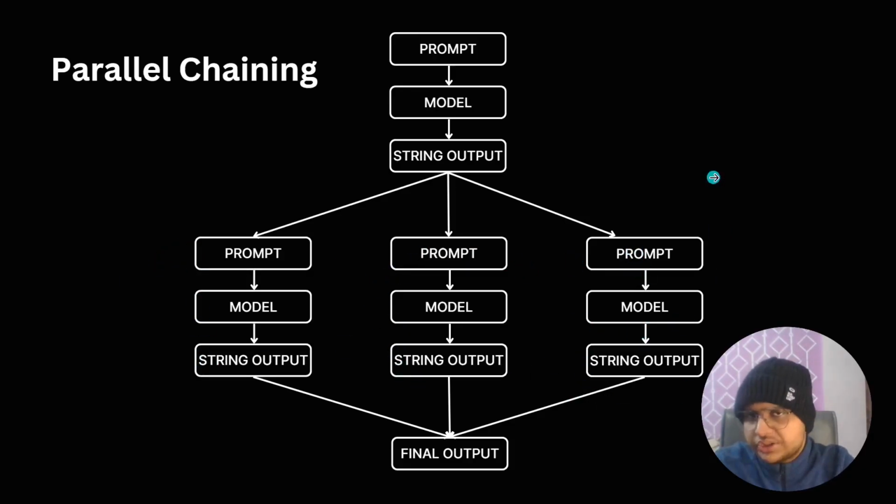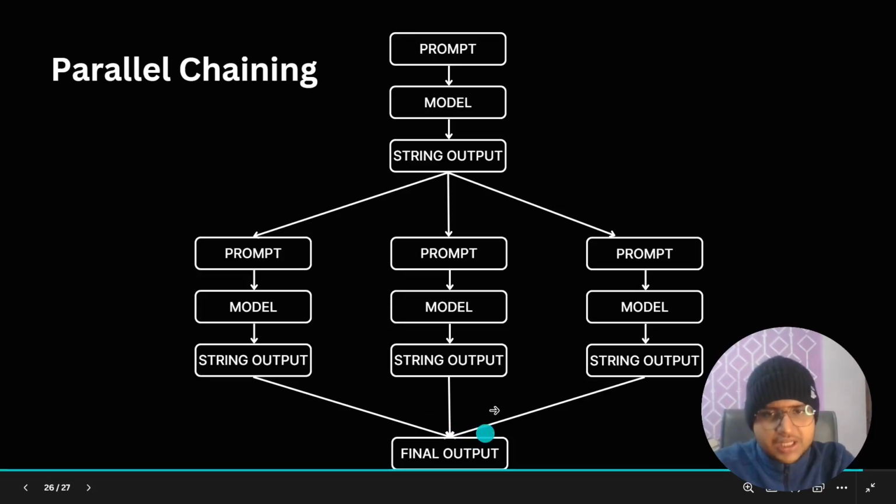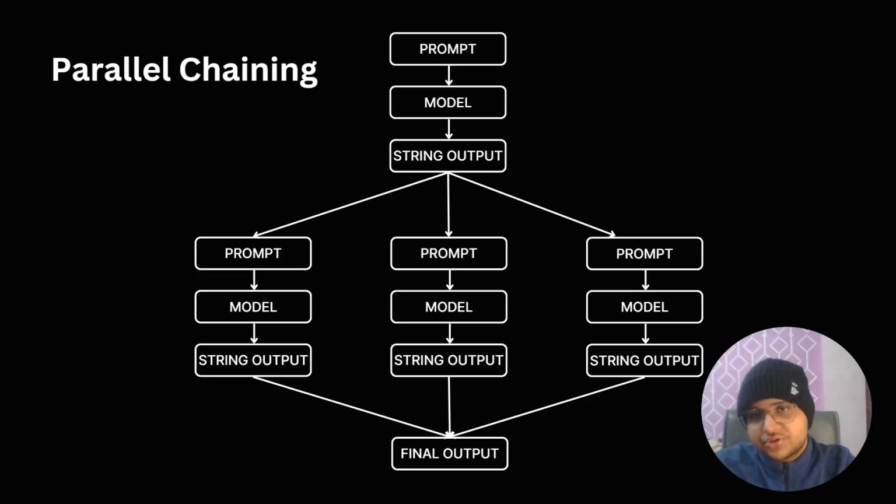It all starts with this one, and then it goes to these three different simple chains, and we have a final output out of these three different chains, and all these processes are running behind individually at the same time.